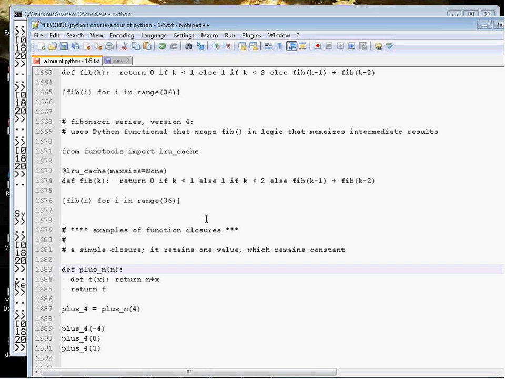Ryan, are you following what's going on here? Yes, because effectively what's happening is that the n is being stored as part of the local state for the function.